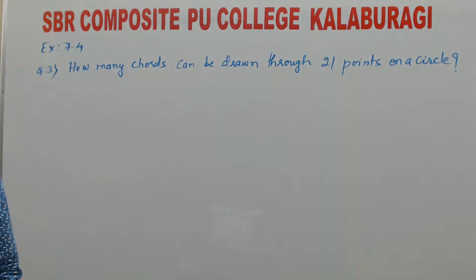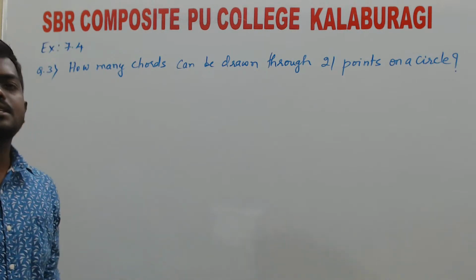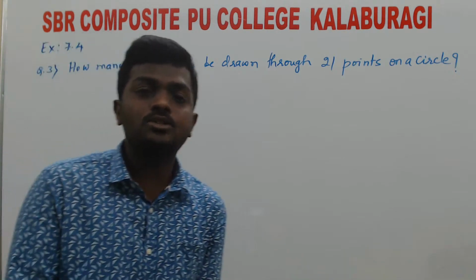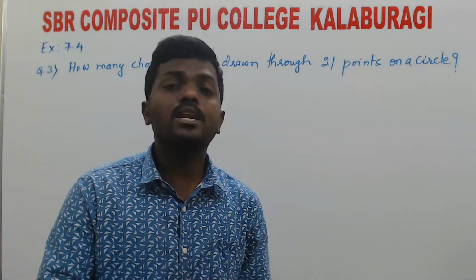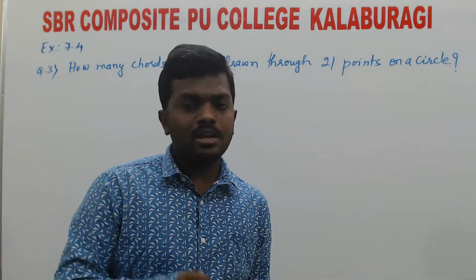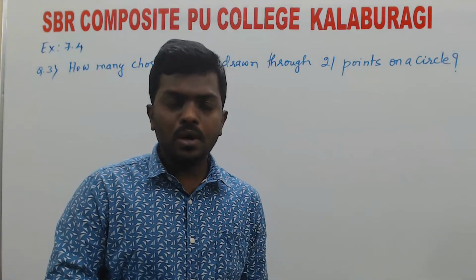Okay, so a chord is nothing but just a line segment whose endpoints both lie on a circle, right? So now to draw a chord, how many points do we need, students? Two, right? So 2 points will give you a chord.